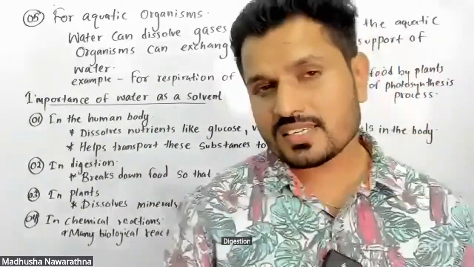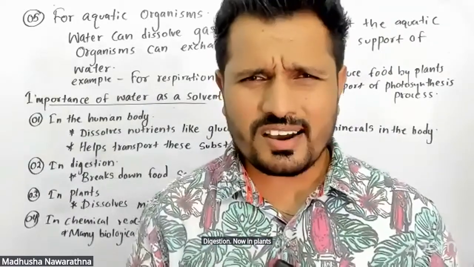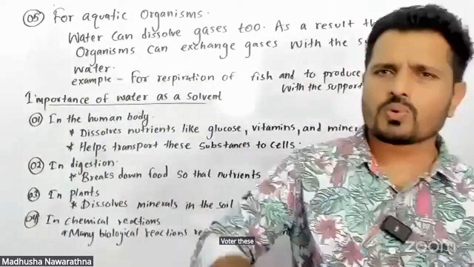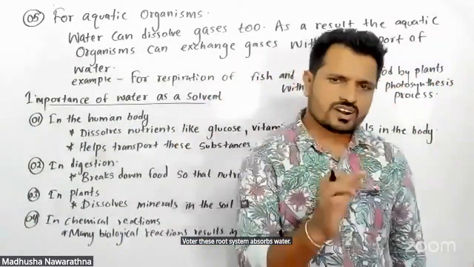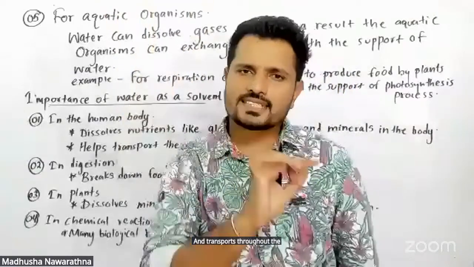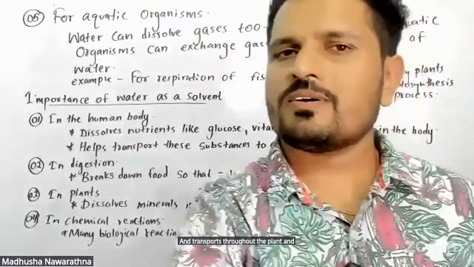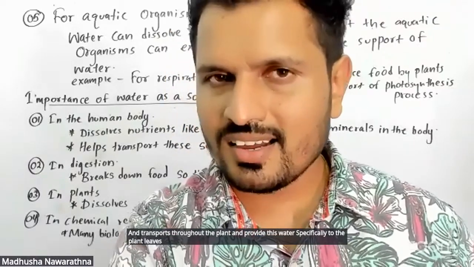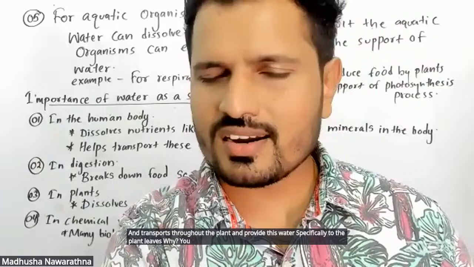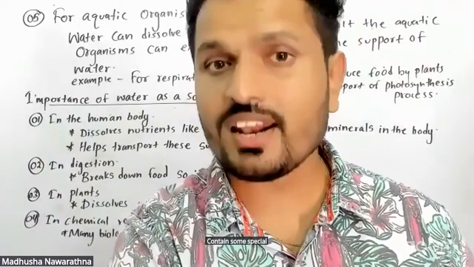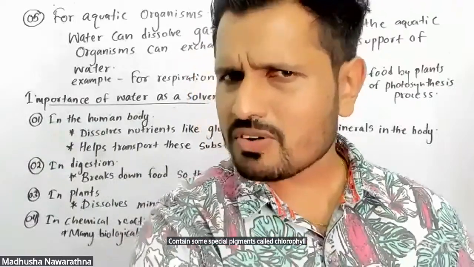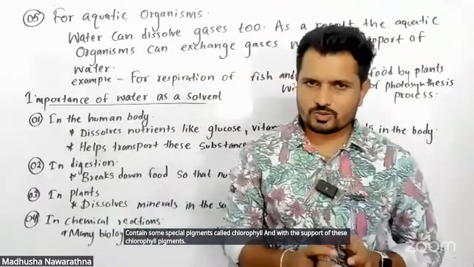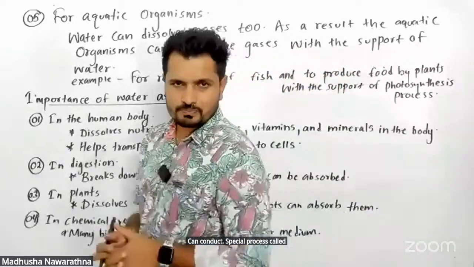Now in plants, the root system absorbs water and transports it throughout the plant, providing it specifically to the leaves. Why? Plant leaves contain special pigments called chlorophyll, and with the support of chlorophyll, they conduct a process called photosynthesis.